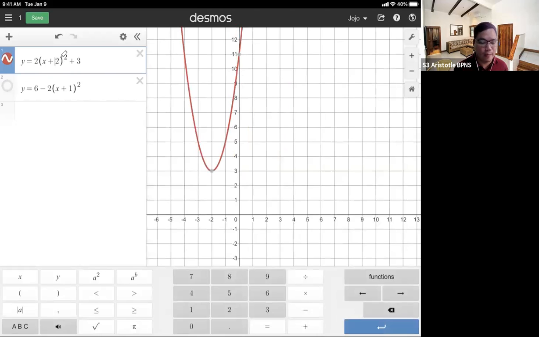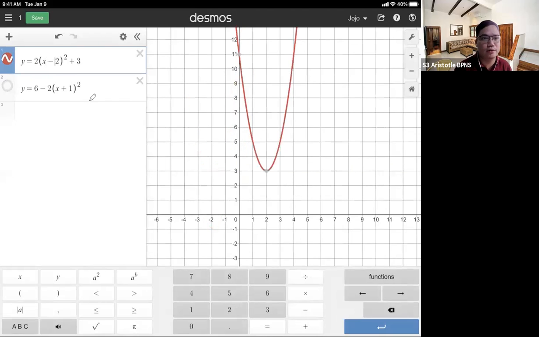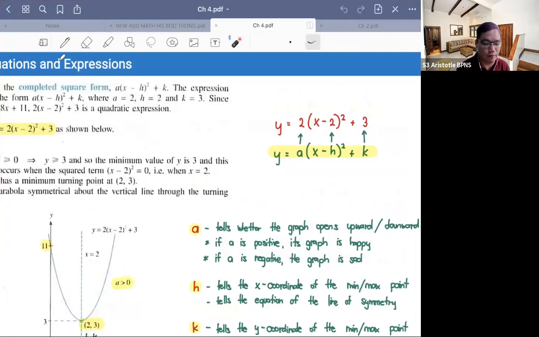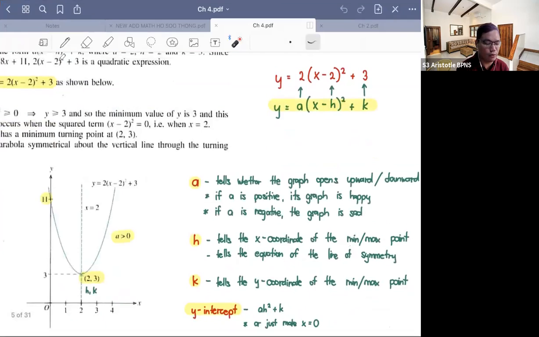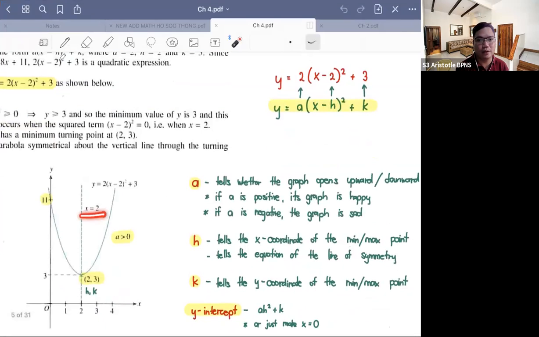What does it mean? That means that your x here becomes -2. Okay, so the standard form is that it should be minus to make it +2. All right, so whenever you see x -2, that means that your x-coordinate is positive 2. Okay, so this one is 2. If this is 2, this is +2. And also, it affects your line of symmetry.